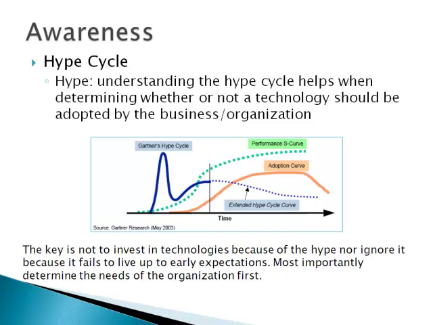You don't want to get in too early just because of the hype. However, you don't want to ignore it, because the technology may fail because it did not live up to all the expectations. More importantly, you want to determine the needs of the organization before you go forward with that.